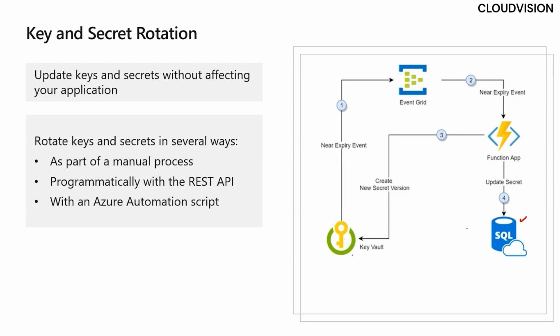So this whole process can be manual, it can be automatic, it can be done programmatically using REST API. We can also use automation scripts to complete such rotation of the keys. So these are the three methods: either manual, programmatic, or automation.